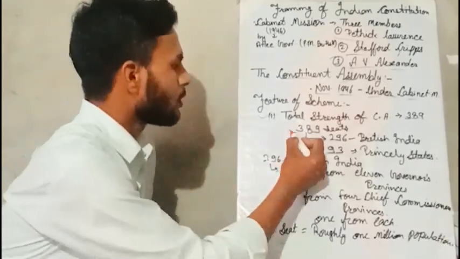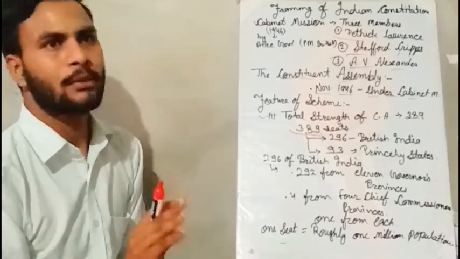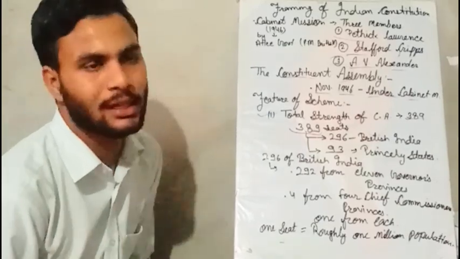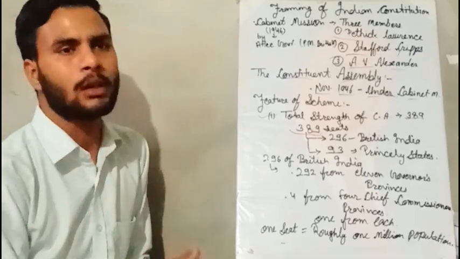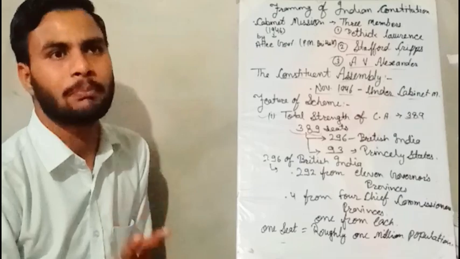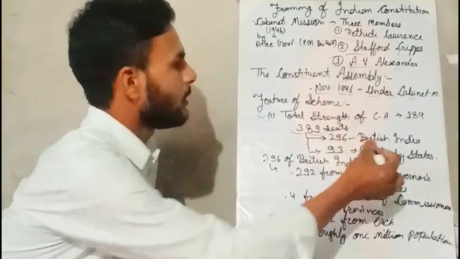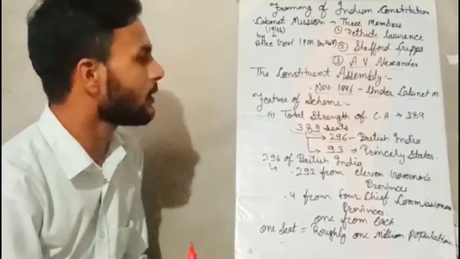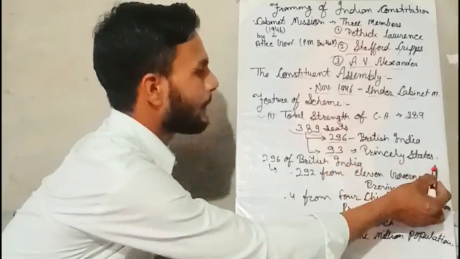The total seats are 389, divided into two parts: British India and the Princely States. As you know, before independence the whole country was divided into these two parts. So we gave 296 seats to British India and 93 seats to the princely states.